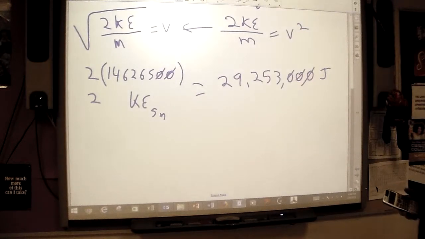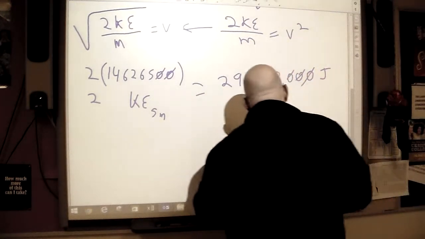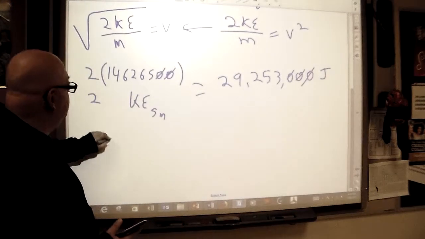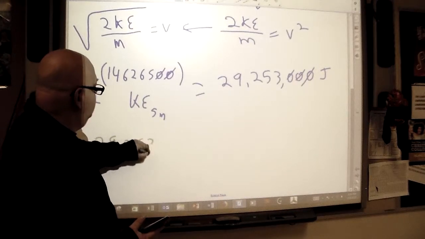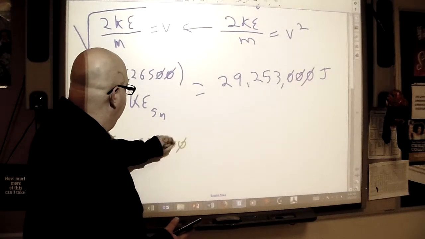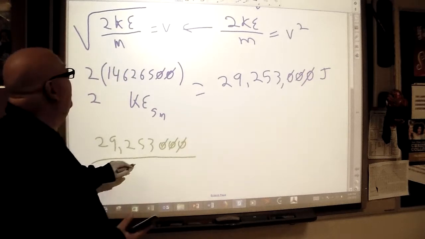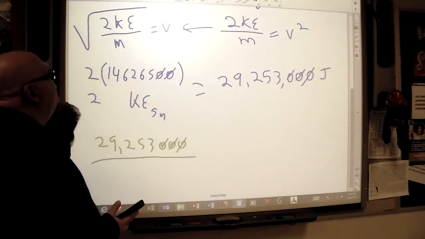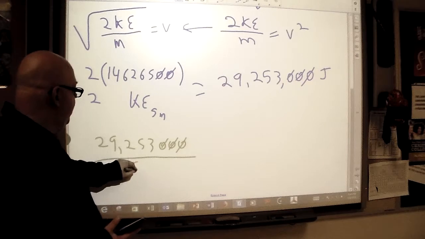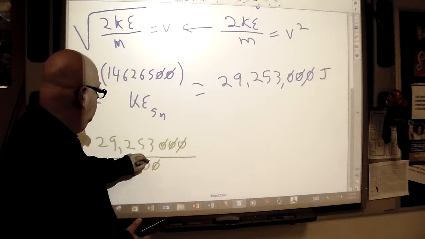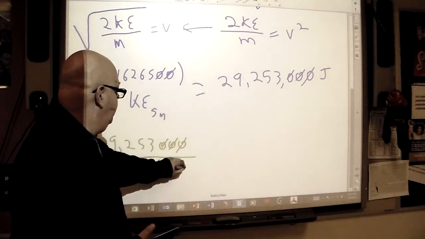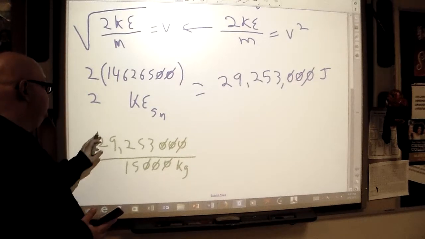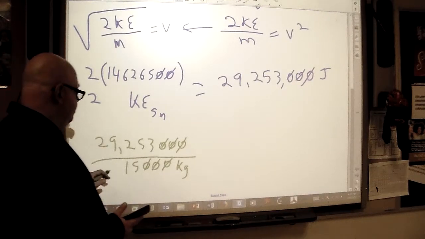So now I'm going to outline this in green. 29,253,000 divided by 15,000 kilograms, because remember, we doubled our energy.